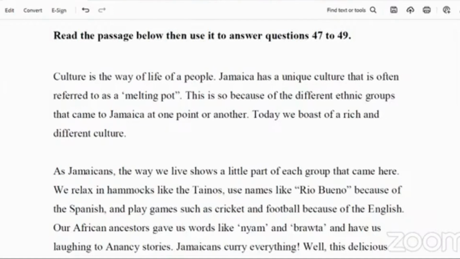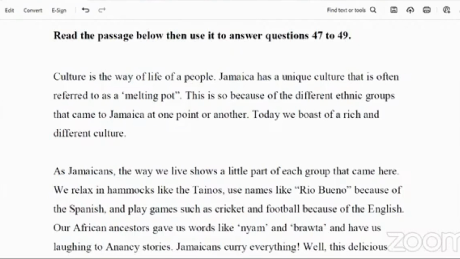Culture is the way of life of a people. Jamaica has a unique culture that is often referred to as a melting pot. This is so because of the different ethnic groups that came to Jamaica at one point or another. Today, we boast of a rich and different culture. As Jamaicans, the way we live shows a little part of each group that came here. We relax in hammocks like the Tainos, use names like Rio Bueno because of the Spanish, and play games such as cricket and football because of the English.